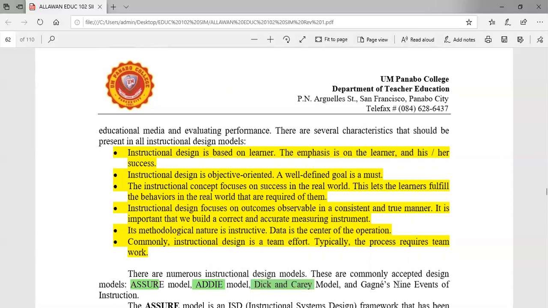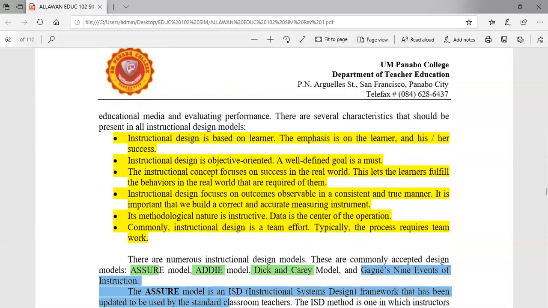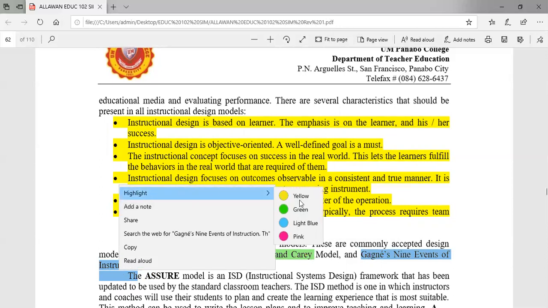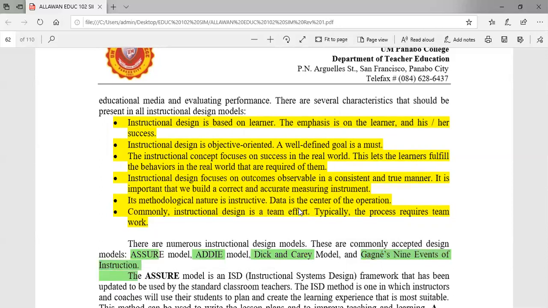And last is Gagne's 9 events of instruction. By the way, there are a lot of models, but I included in my modules these 4, which are commonly used by instructional designers.